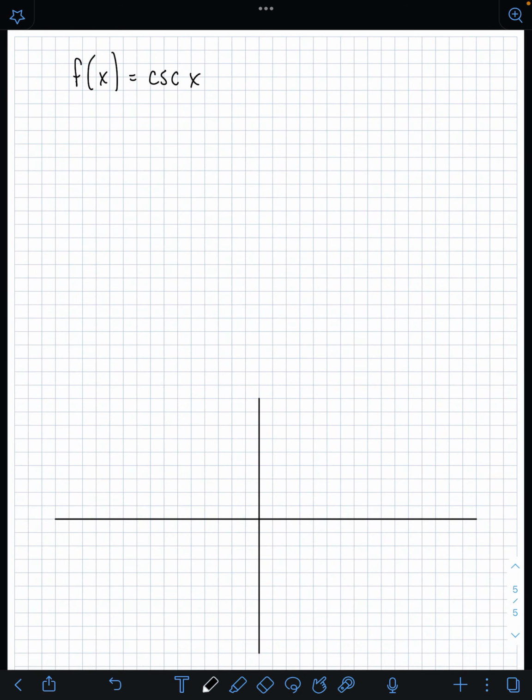So let's take a look at cosecant of x here for a moment. And let's remember that cosecant is the reciprocal of sine. Now sine, let's remember, has a domain of all real numbers, and it has a range from -1 to +1. And it has its 5-point summary, which we'll get to in a moment.